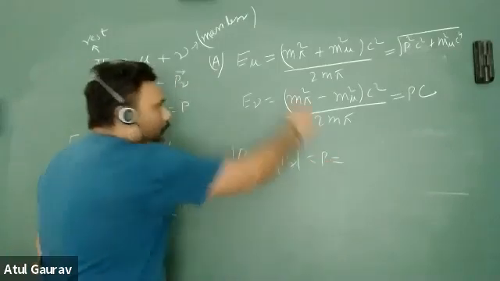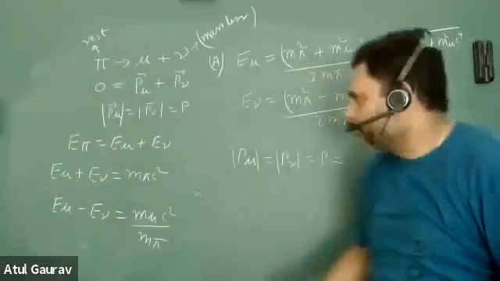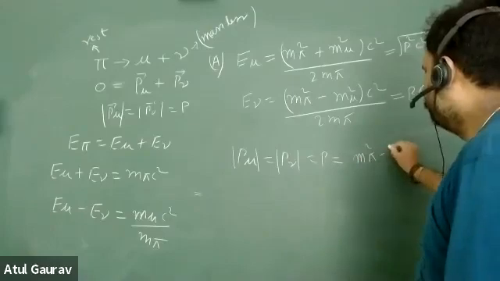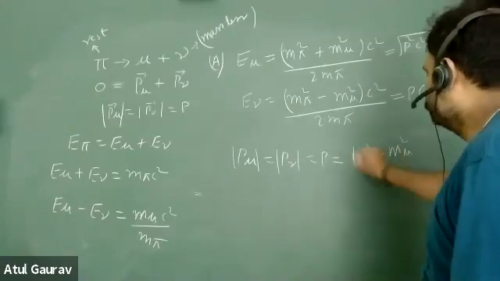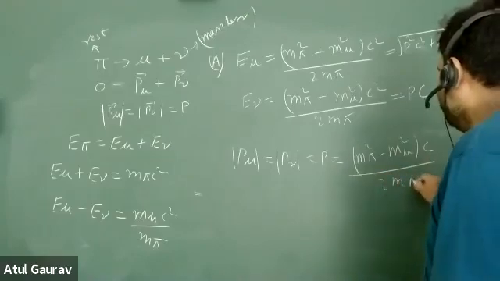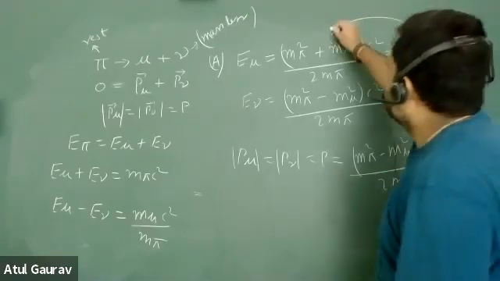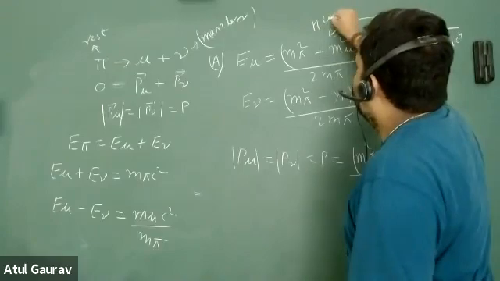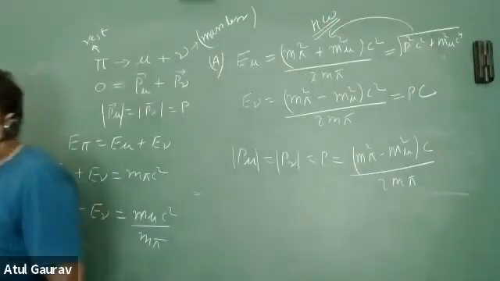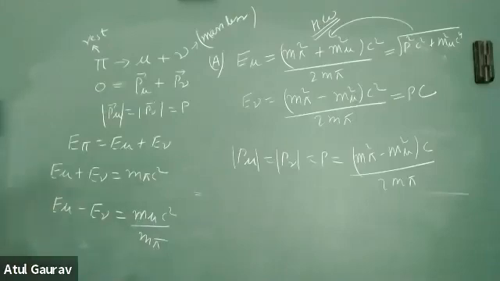This will be p, and that value is equal to m pi square minus m mu square, times c upon 2m pi. If you want, you can solve through the other one as your homework. Just practice from there. Just do the square part and subtract, then you can find exactly the same value.